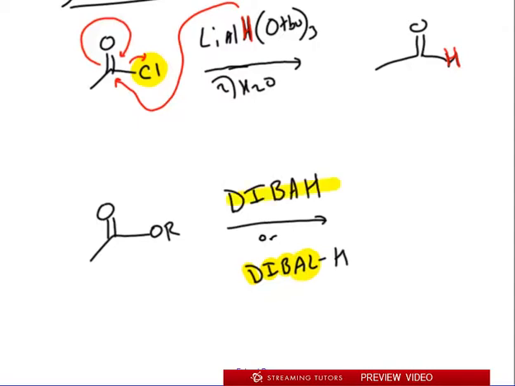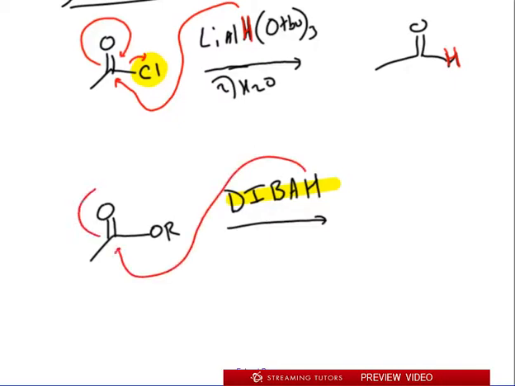All that is a partial reducer, and it does the same thing as with the acyl halide. This H is going to come in, this is going to open and close, and this is going to leave. But it happens one time, so you wind up getting an aldehyde. So it's the same logic, just a different reagent. They're called partial reducers. They don't go all the way down to the alcohol, which is normally what they would do if you have LiAlH4, for example.